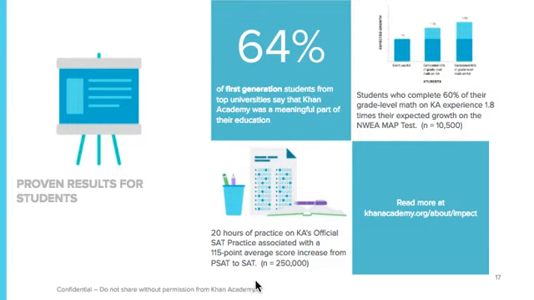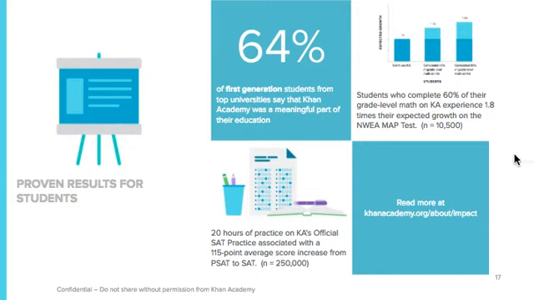So this isn't the AP test. I'm sure this data will come out next year if your students are using it. But a 115-point increase using a very similar format, since SAT and Khan Academy are partnered together, and the College Board also partnered for the AP Calculus test.